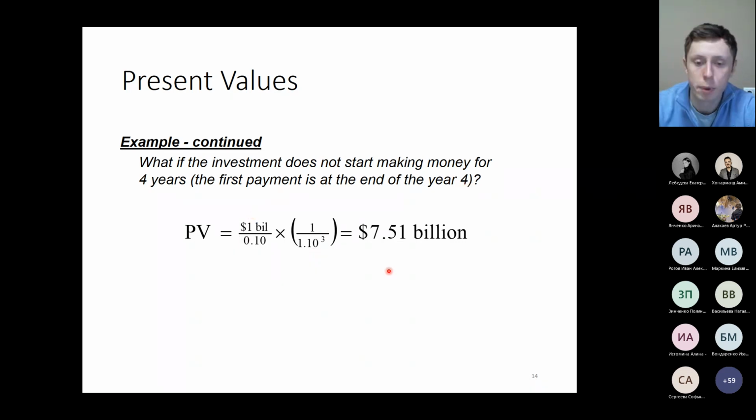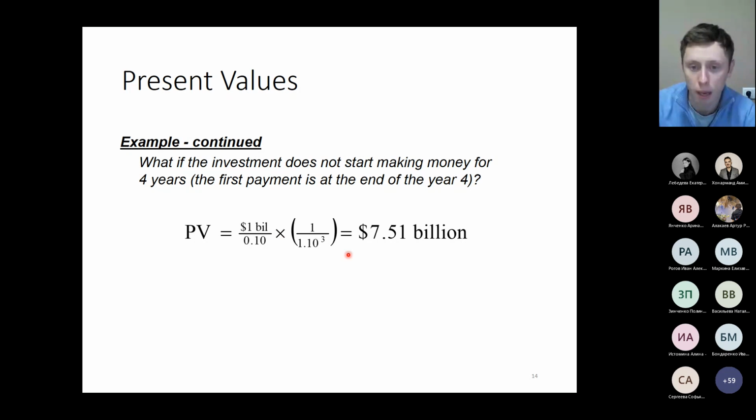Please beware again. If the perpetuity formula is this one, then the first payment is made at the end of year 1. In order to estimate the present value of the cash flows when the first payment is made at the end of year 4, we use this discount factor.